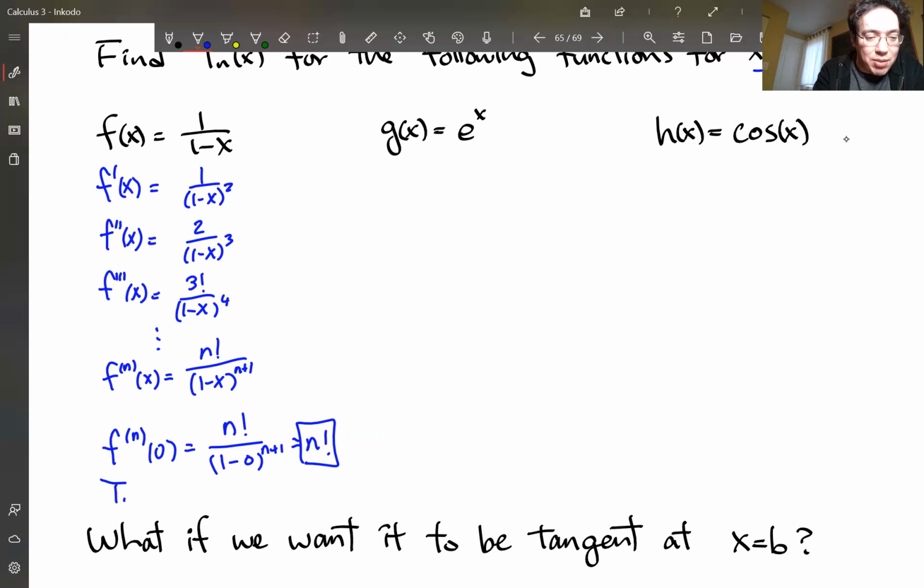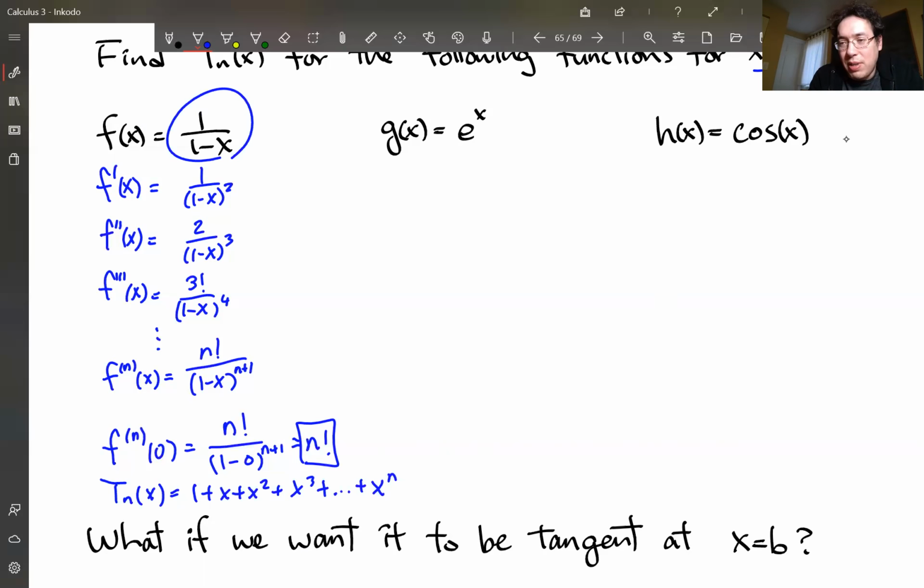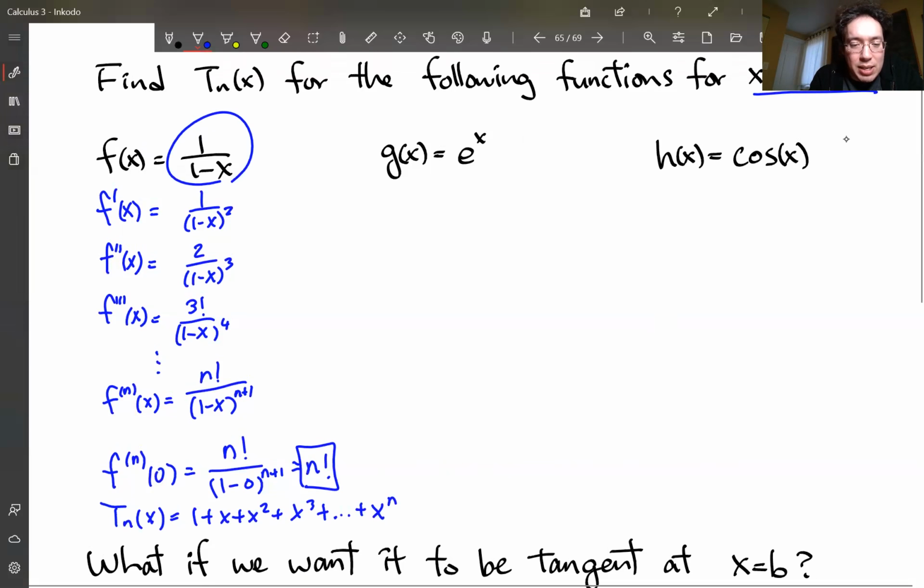So the nth order Taylor polynomial is going to be 1 plus x plus x squared plus x cubed, all the way up to x to the n. So it's a simple pattern to get. So that's for that function right there, 1 over 1 minus x.